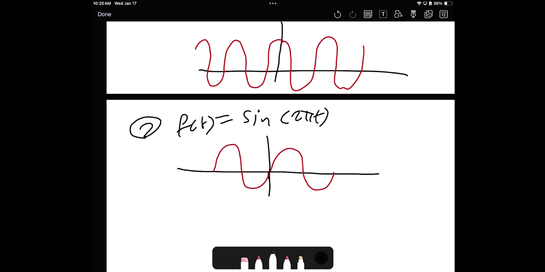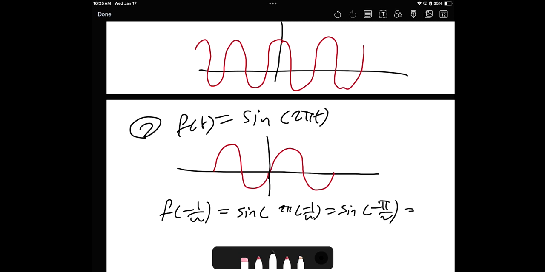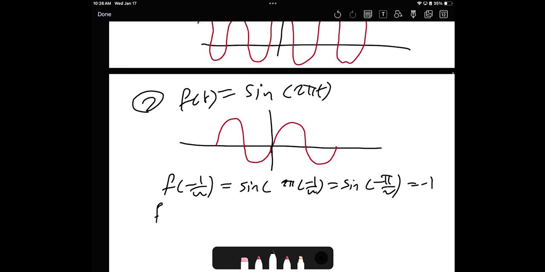Also, we can prove this in math by finding f of, for example, negative 1 over 4, which is sine of 2 pi times negative 1 over 4. In other words, sine of negative pi over 2, sine of negative 90, equals negative 1. While f of 1 over 4 equals sine of 2 pi times 1 over 4.